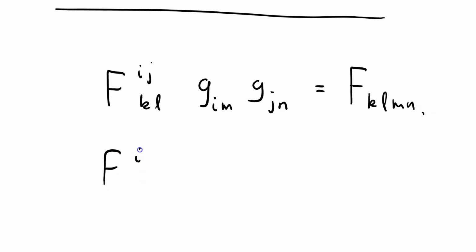On the other hand, if I've got a tensor like this with indices i, j, k, l, m, let's say I want to raise the j, the k, and the l. So I'll multiply it by g, well, I'll put the g's in first. I want to contract the j, the k, and the l.